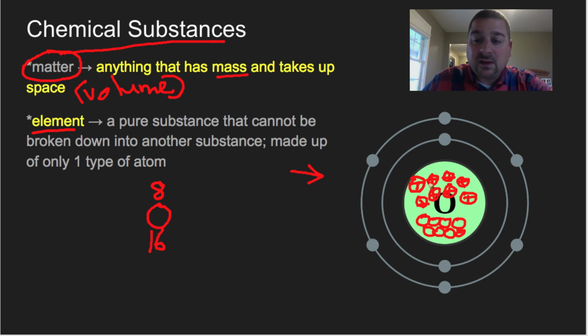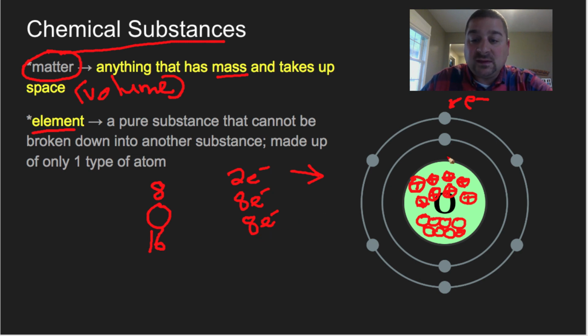Now also, if you have 8 positive protons, you're going to have 8 negative electrons. These things here in the outer levels are electrons. Remember, in our levels, at least in biology, we'll put 2 electrons in the first level. The second level can hold 8. And in our biology class, we won't go more than 8 in the third level.